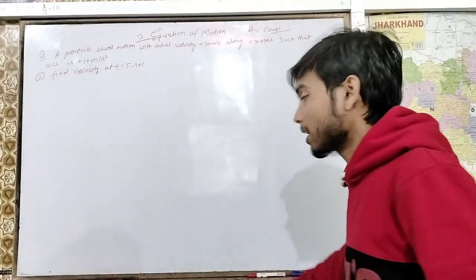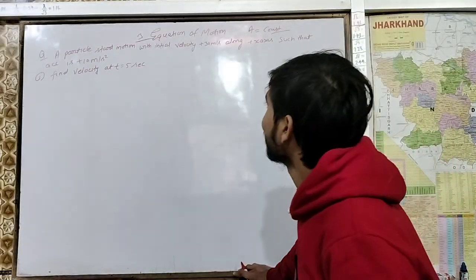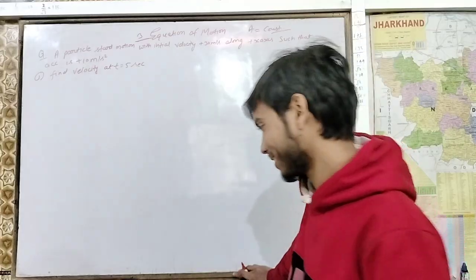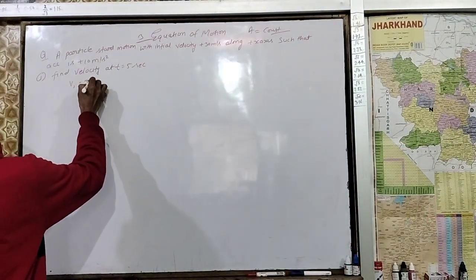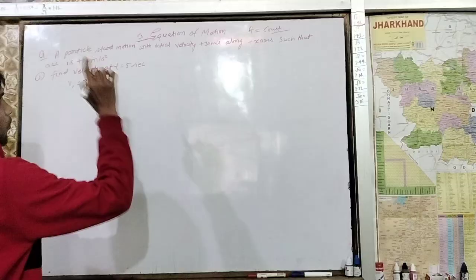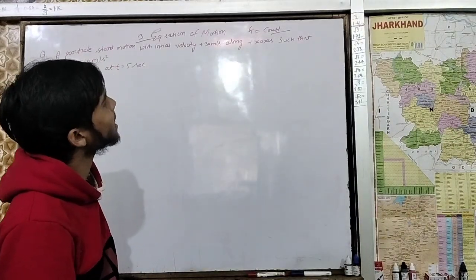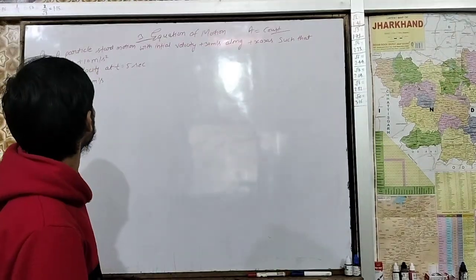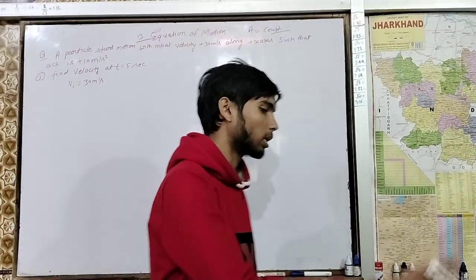A particle, there is a particle again. That particle starts doing motion with an initial velocity which is 30 meter per second. So Vi is 30 meter per second, along the x-axis. Horizontally it is covering distance with the velocity 30 meter per second, such that acceleration is also going horizontally, positively.